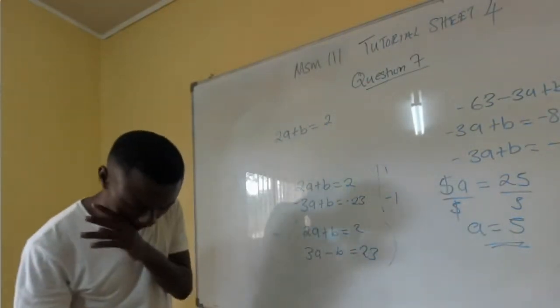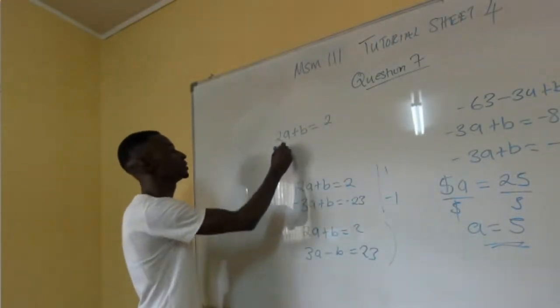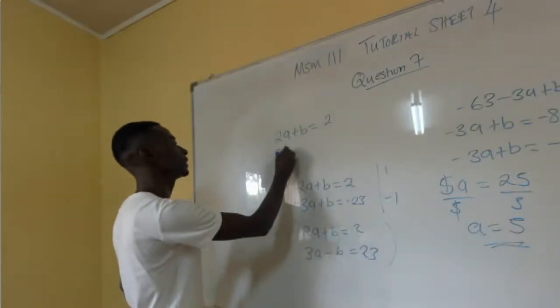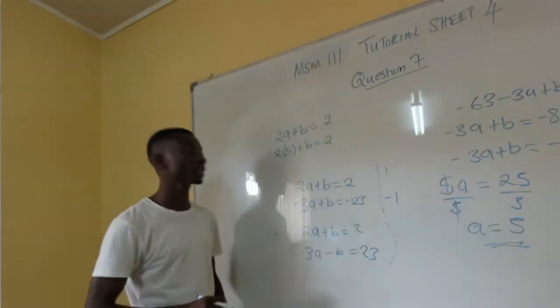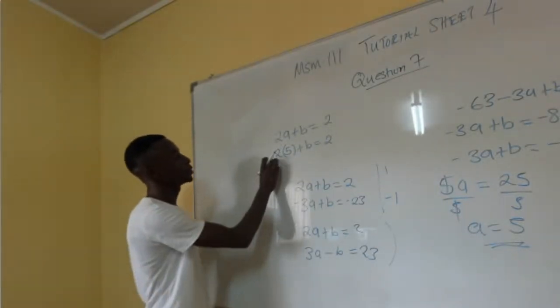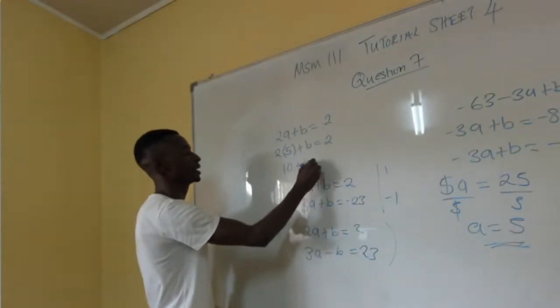Meaning where there is A, you put 5. You substitute 5 there. So you say 2 multiplied by 5 plus B equal to 2. So now 2 multiplied by 5, you're getting 10. Plus B equal to 2.